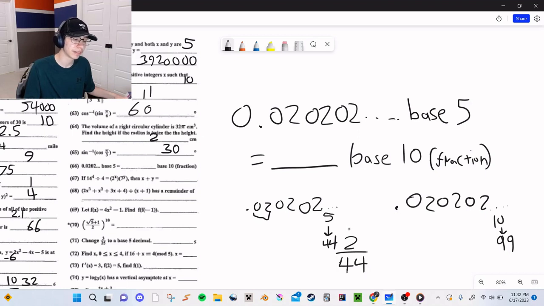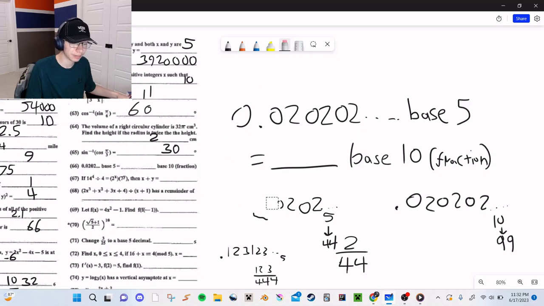If I were dealing with three repeating numbers, like if I had 0.123, 123 repeating in base 5, I'd say the answer is 123 over 444, 4 being the highest number that you can have in a place value, I guess.